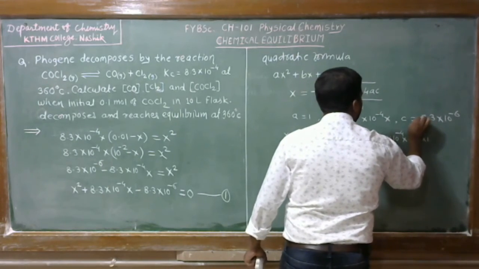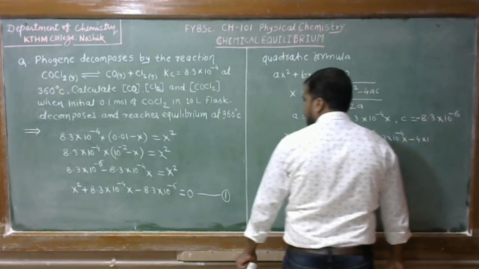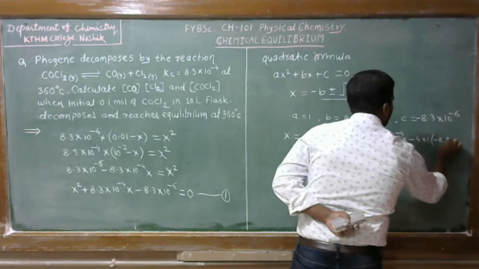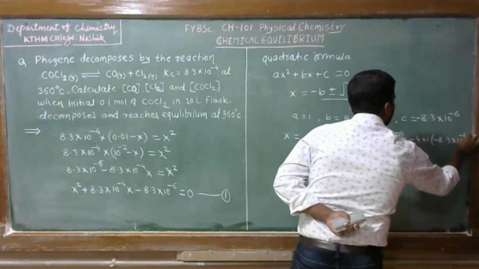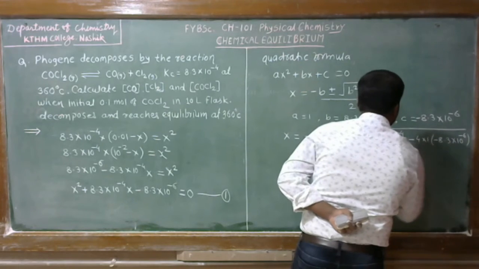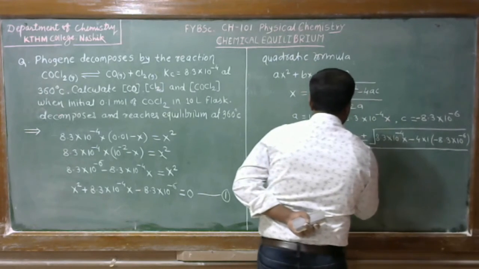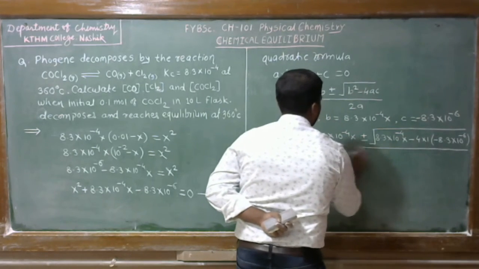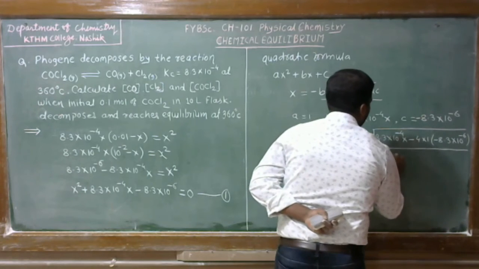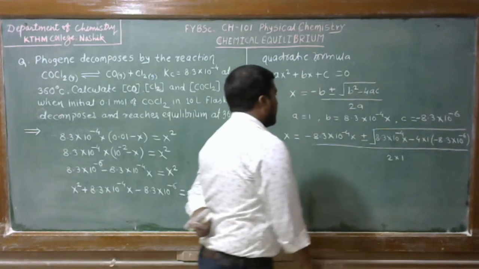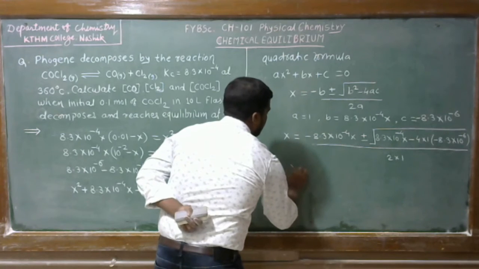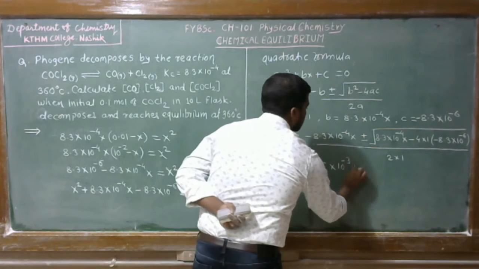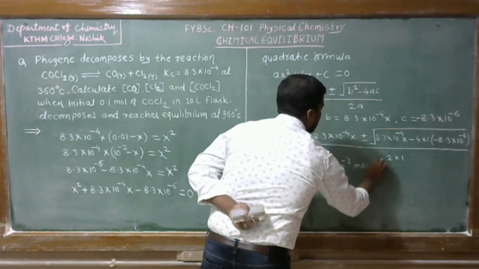So minus 4 into 1 into 8.3 into 10 raised to power minus 6, divided by 2 into 1. So by solving this equation, finally we will get 2.5 into 10 raised to power minus 3 mole per liter.